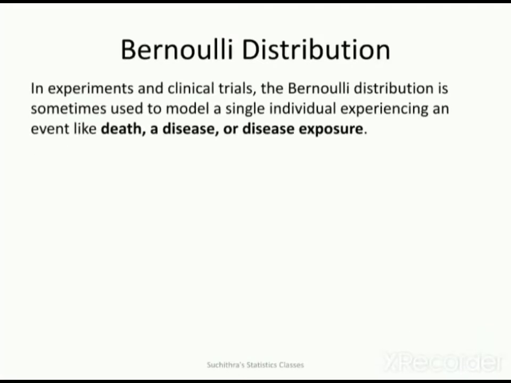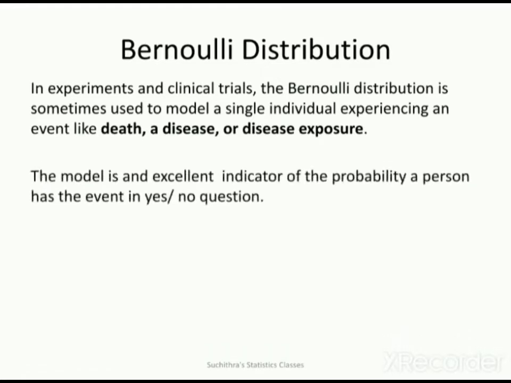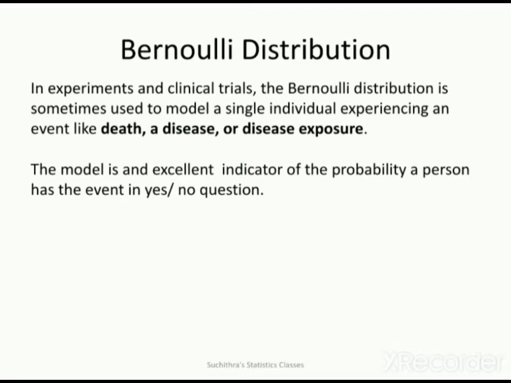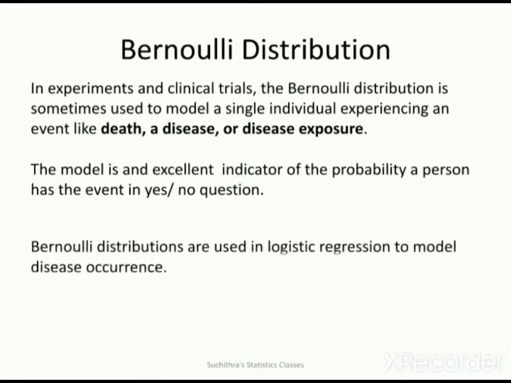Now, in experiments and clinical trials, the Bernoulli distribution is sometimes used to model a single individual experiencing an event like death, a disease or disease exposure. The model is an excellent indicator of the probability a person has the event in yes or no questions.